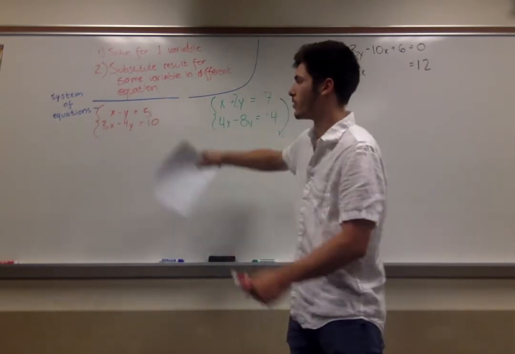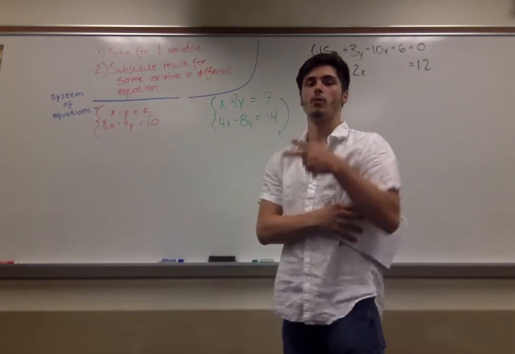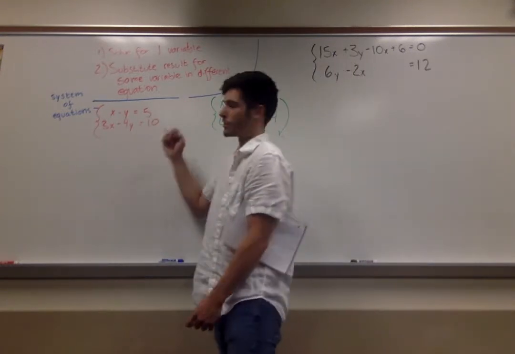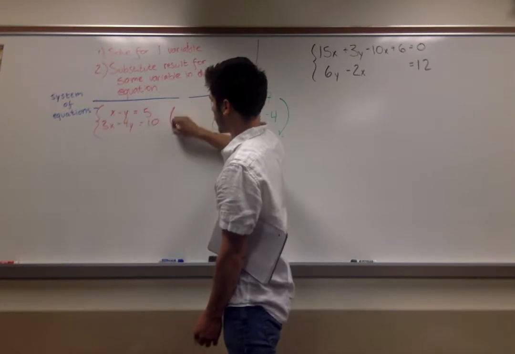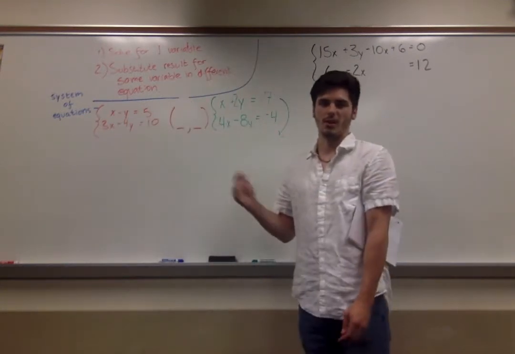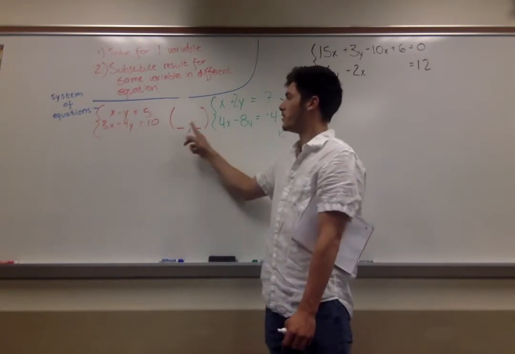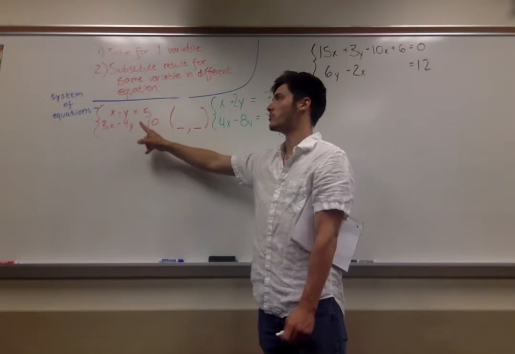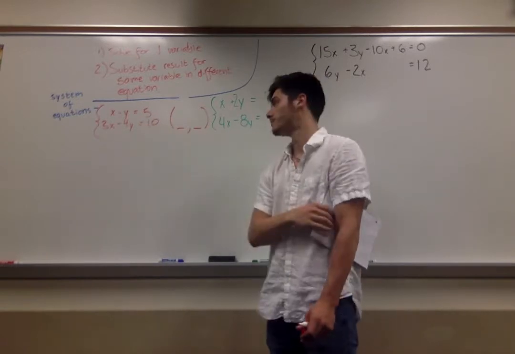So your answer is going to look like an ordered pair, like an x value and a y value. So this is what we'll fill in as we use substitution to solve this system of equations.